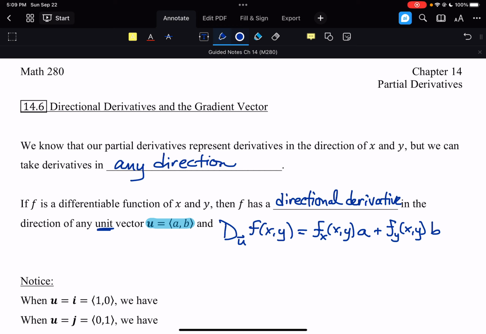So if we have a differentiable function, we can take the derivative of that function in any specific direction, so the direction of this unit vector, using this process.